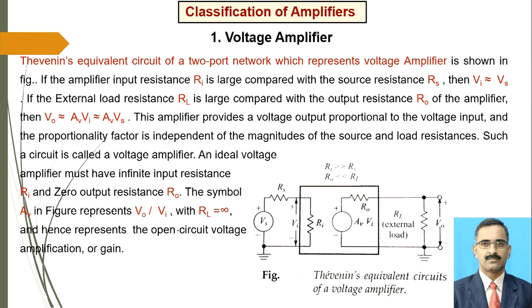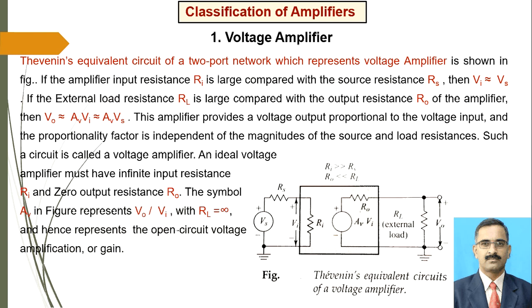Here Vs is applied as the input source for this amplifier, which has source resistance Rs. In this Thevenin's equivalent circuit, Vi is the input voltage of the amplifier, which has input resistance Ri.